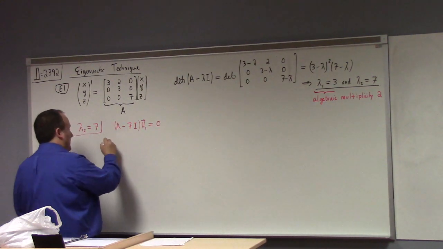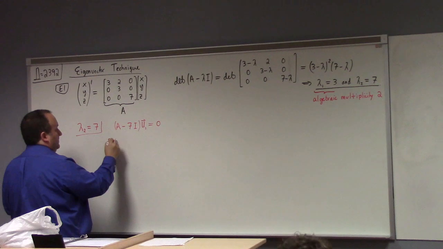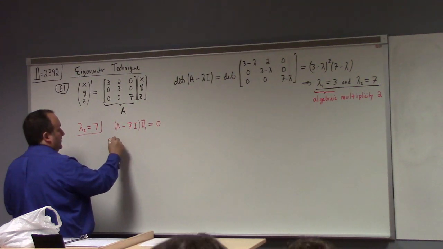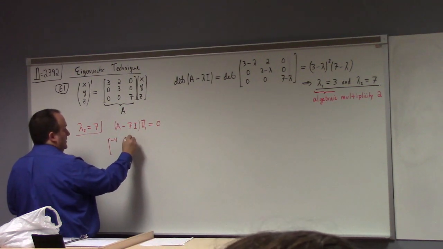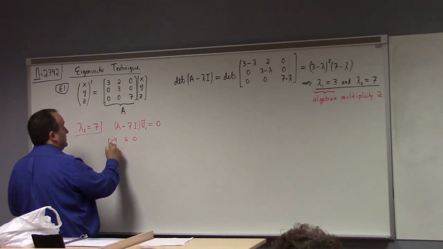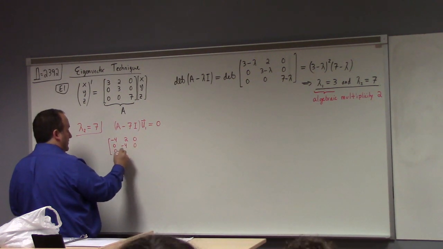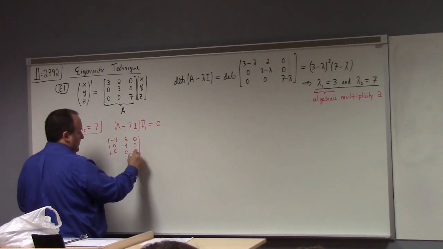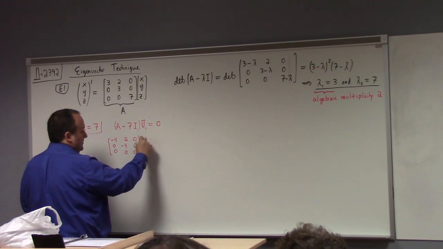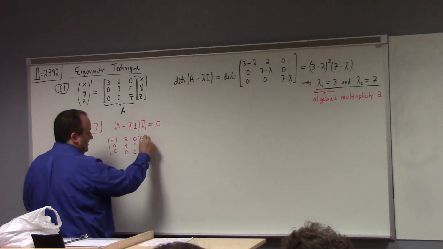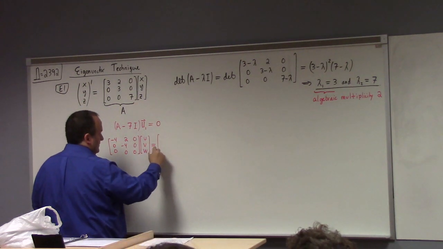This gives me the matrix minus 4, 2, 0, 0, minus 4, 0, 0, 0, 0. And I'm going to put u, v, w as the components of the vector I'm trying to find.